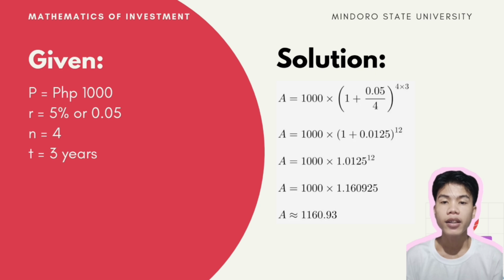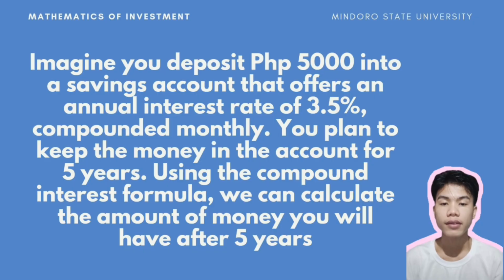Then the answer will become A is equal to 1,160.93 pesos. Therefore, after 3 years, the amount of money accumulated would be approximately 1,160.93 pesos. This example demonstrates how compound interest helps your money grow exponentially over time by earning interest on both the principal amount and the accumulated interest.